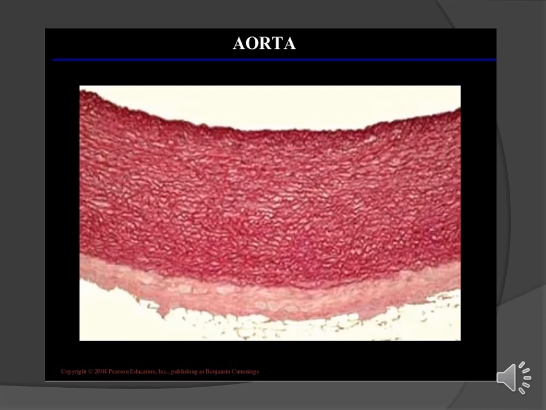The outermost layer, this is adventitia, is light pink in our picture. This part is usually less than half the thickness of the tunica media. Tunica intima in this specimen is not well visible.